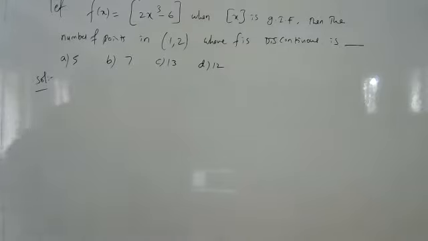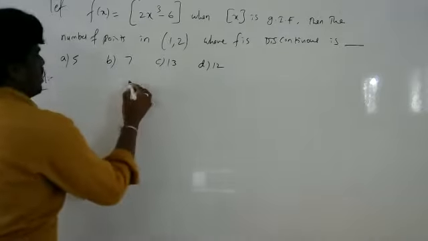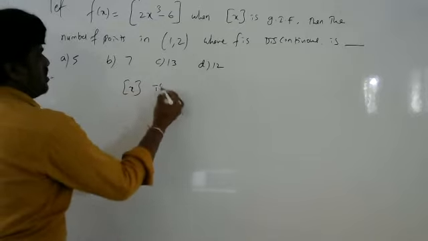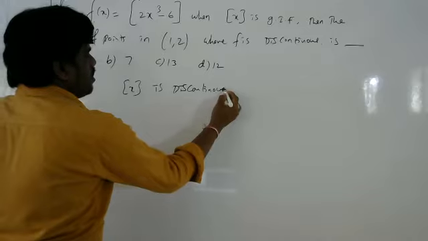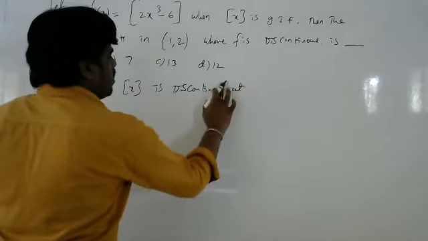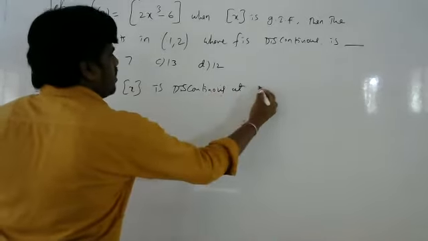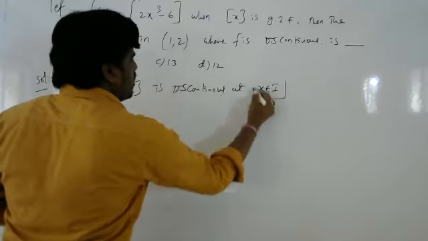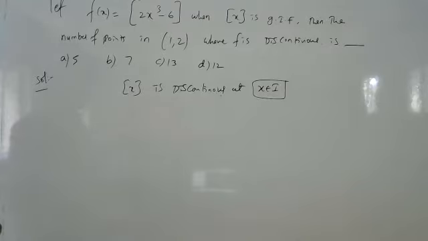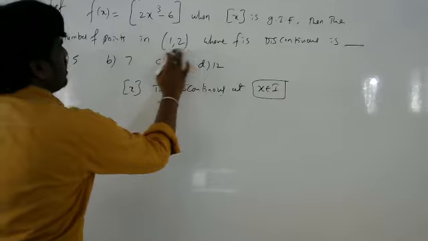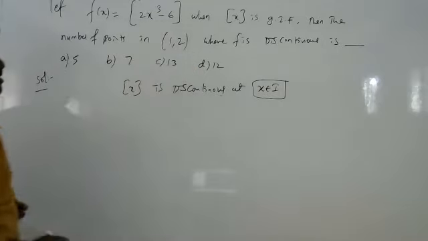We know that greatest integer x is discontinuous at x belonging to I, at integer points. So I have to check in this interval where we get integers.